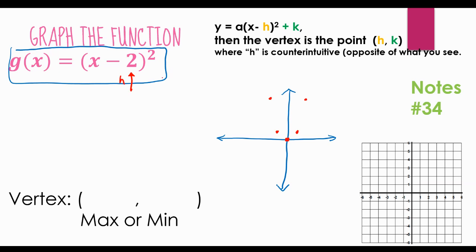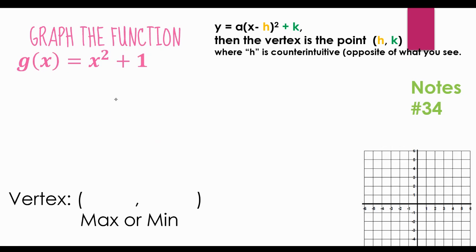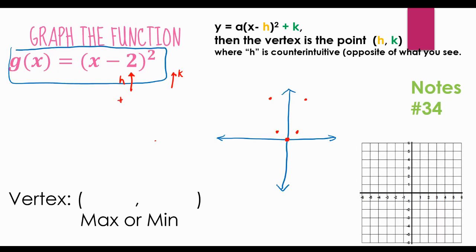Again, this is your H. Your K is always on the outside. H is opposite of what you see, so it's going to be +2, so that means we're going to go right 2. A is out here, and it's just worth that hidden 1, so we don't need it. K is 0, so there's no movement up or down.